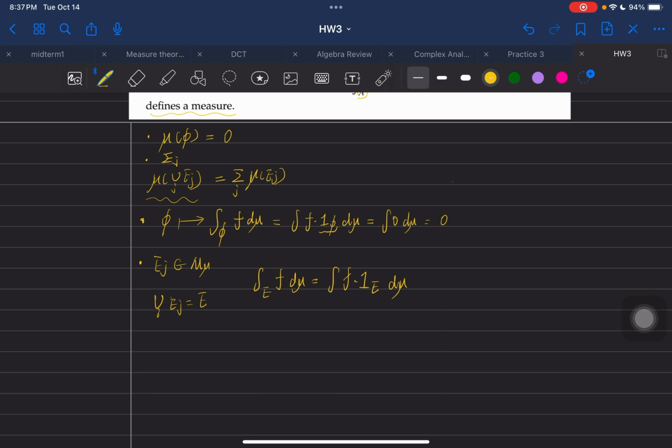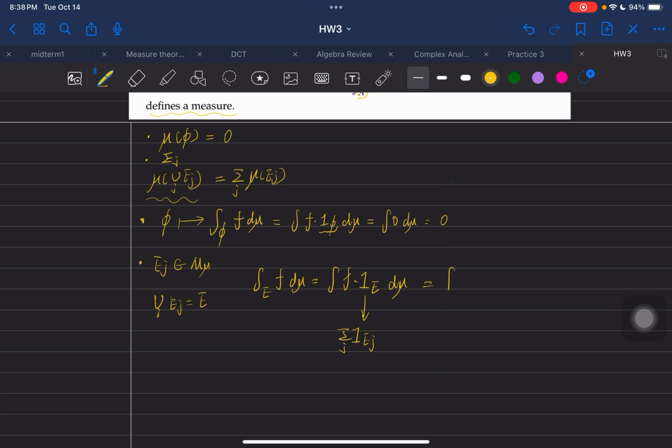And since we have a disjoint union, the indicator of that set would be just the summation of the indicators of each set.